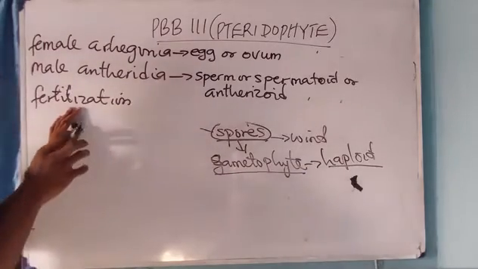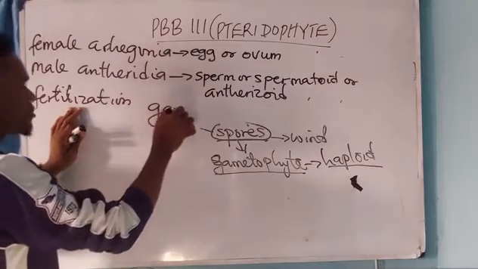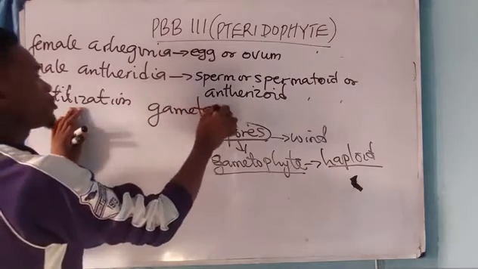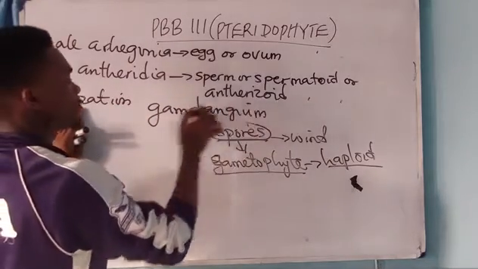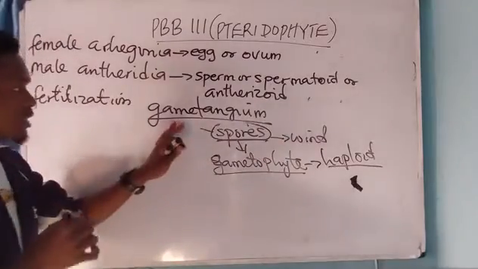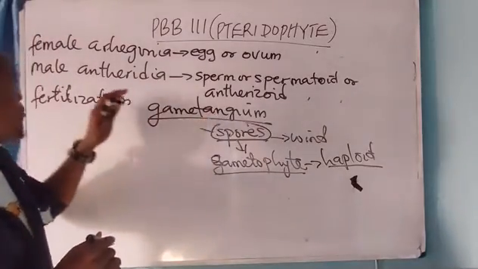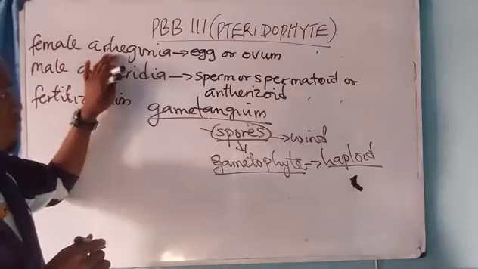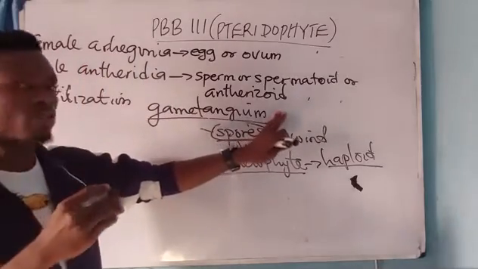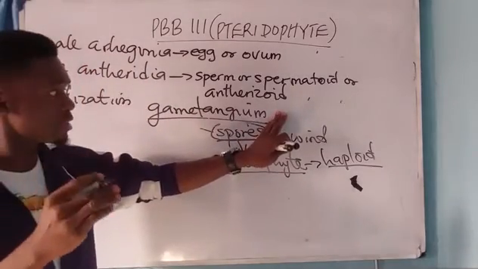I've taught us these things, so just play the videos for a better understanding. The gametangium of the female gametophyte has the ventral region and the neck region. Take note of this.